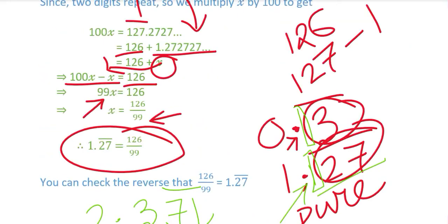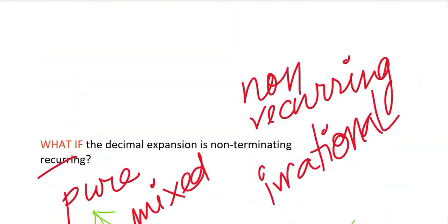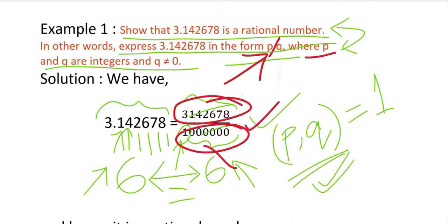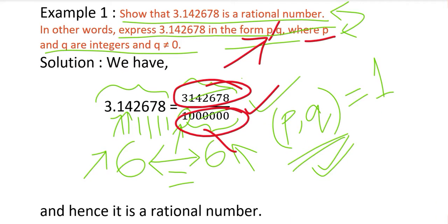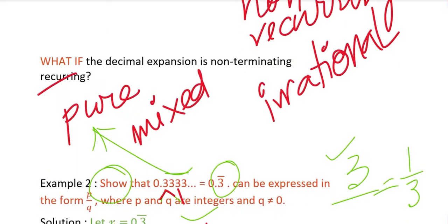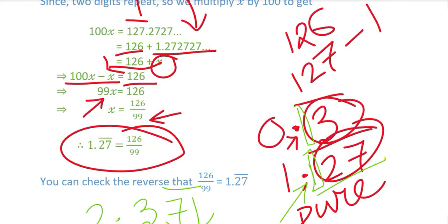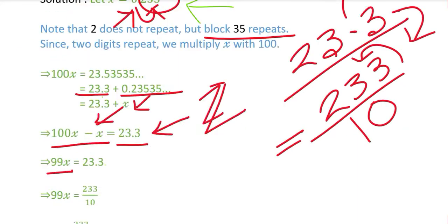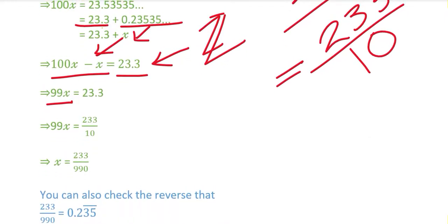If you forgot, you just see it here. We count the number of digits and we just put the zeros accordingly, right? Anyway, so we write 23.3 as 233 by 10.